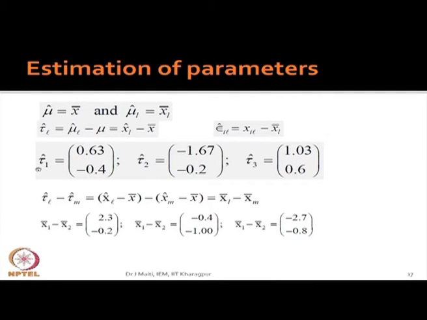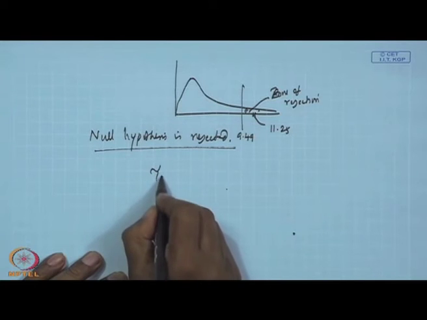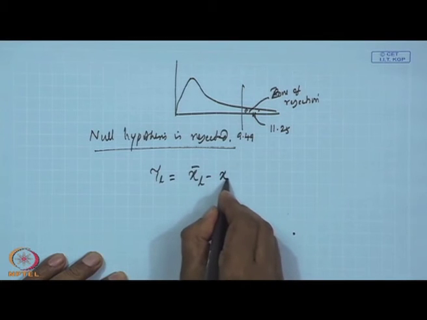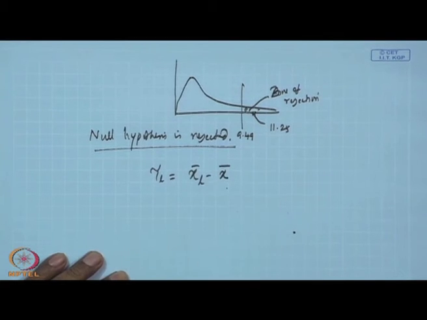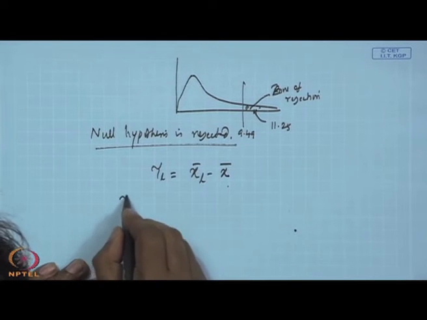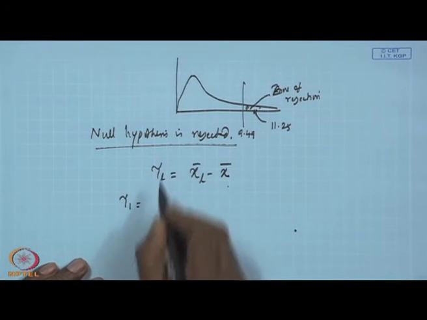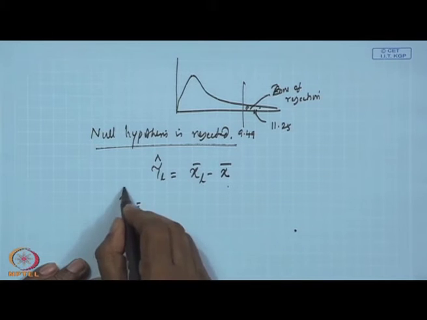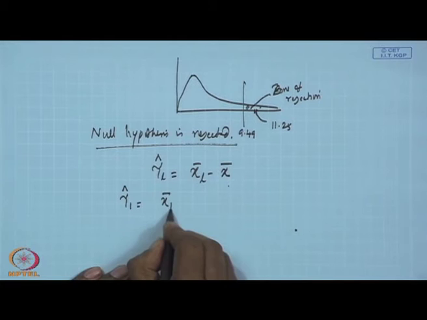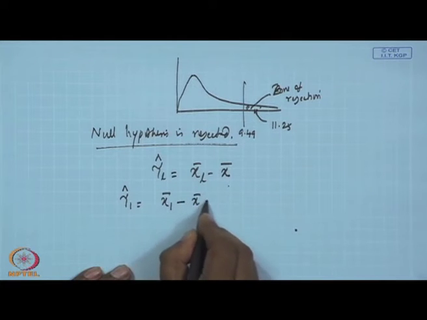How do we calculate tau L? Tau L is x bar L minus x bar. So, if you want to compute the estimated value of tau 1, you have to write x 1 bar minus x bar.